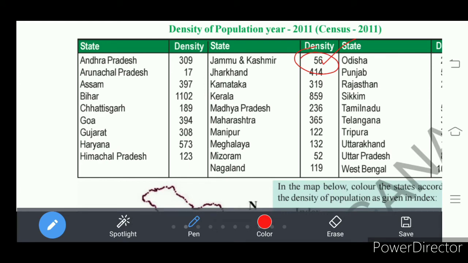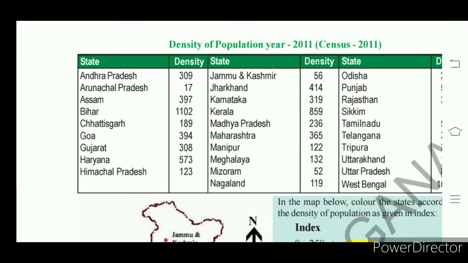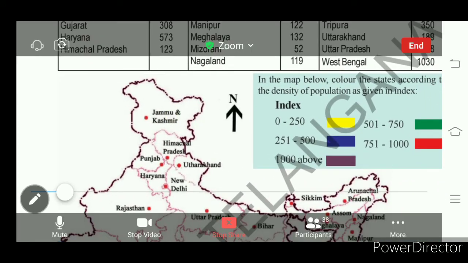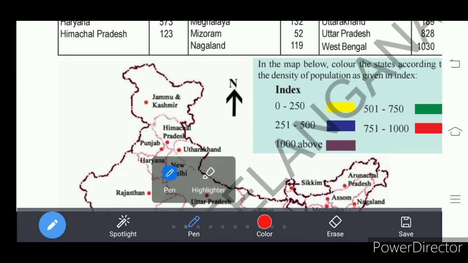So we should keep 56 dots in Jammu Kashmir. In such a way, we can show the population density. That means here we have to place 56 dots in this way.